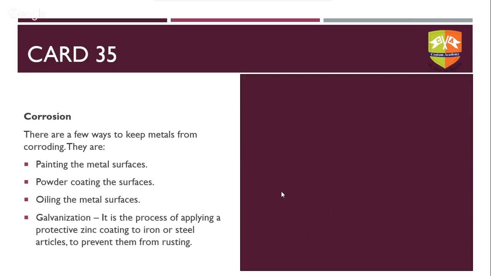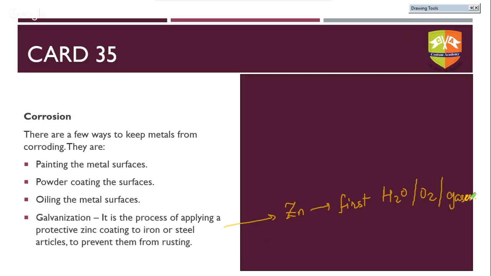Then, coming back, there is a question from Sai, sir. Can you explain, even after the zinc coating is broken, why the article is still resistant to corrosion? Is it something to do with oxidation of zinc? I just mentioned that, Sai. Even after you break the zinc coating, the article is still resistant to corrosion, because unless you have really taken the zinc out of it, zinc will be the one that will be the first to take away any moisture that is there, so H2O or oxygen or any other gaseous impurity that is going to come in.